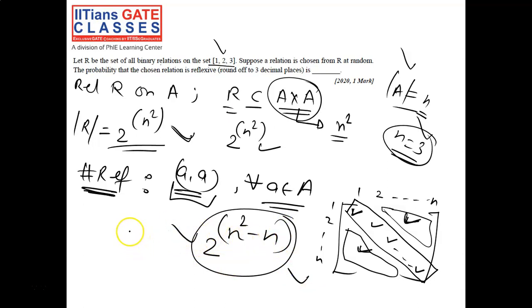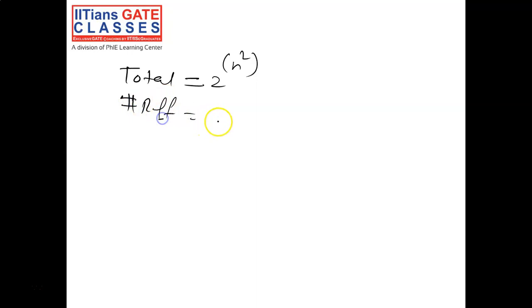We have seen that the total number of relations is 2 power n square, and the number of reflexive relations is 2 power (n square minus n).